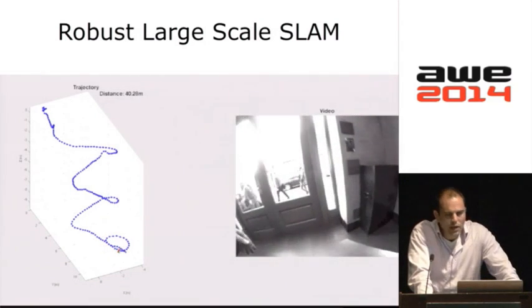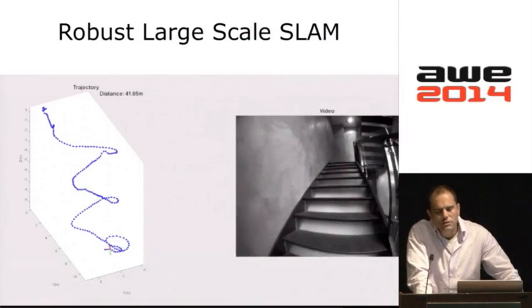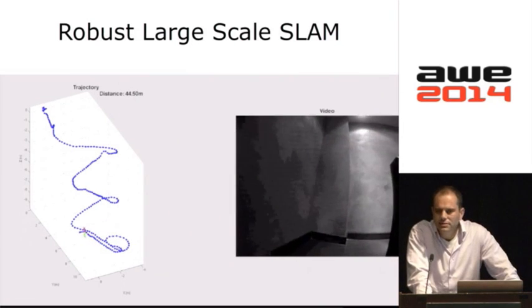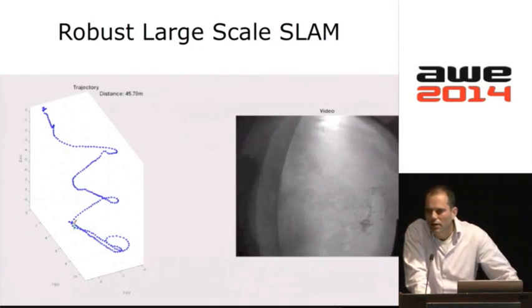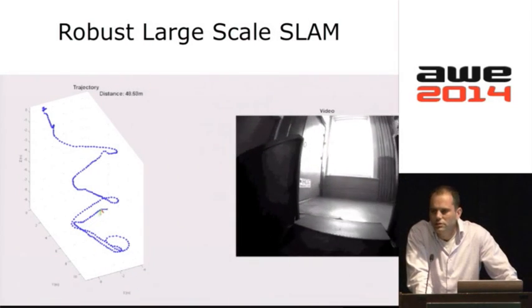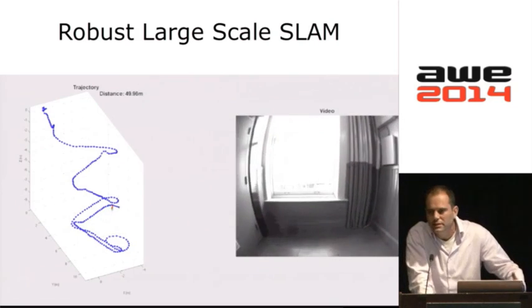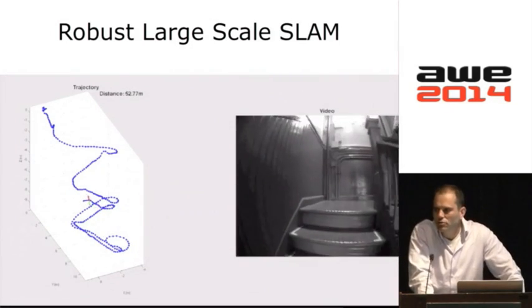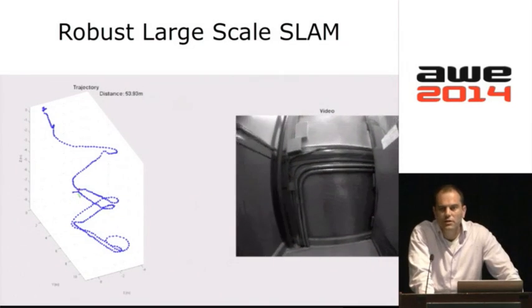Now, a lot of these technologies have been demonstrated in the past in labs, but last year, in fact, I demonstrated that at AWE. This last year was a lot about pushing this technology from what's possible on a PC and in labs to mobile devices. A lot of the credit has to go to the Google Tango project because they've been funding a lot of that.